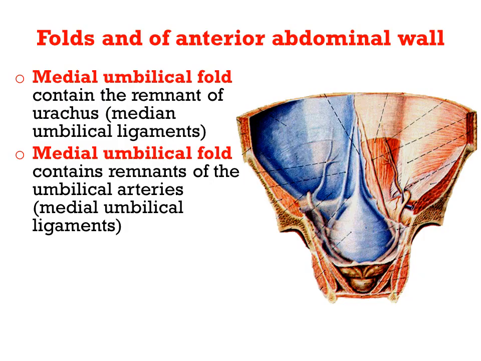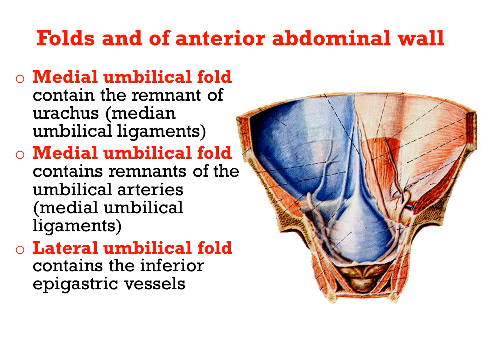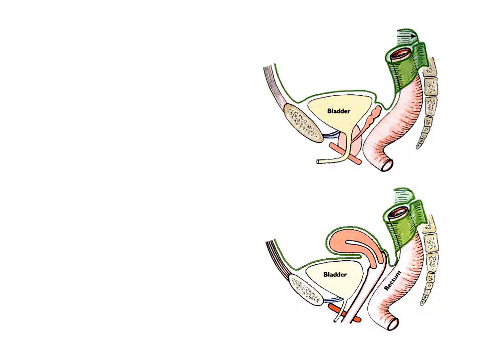The median umbilical ligament, the remnant of the urachus, is attached from the apex of the urinary bladder to the anterior abdominal wall, and the medial folds contain the remnant of the umbilical arteries, and they are paired. And we have the lateral umbilical folds, containing the inferior epigastric vessels, lateral to the medial umbilical folds.